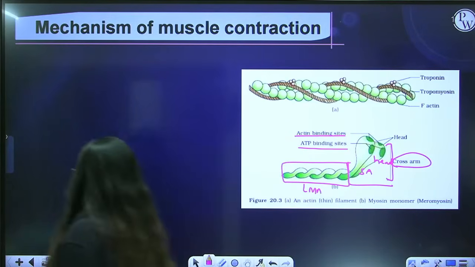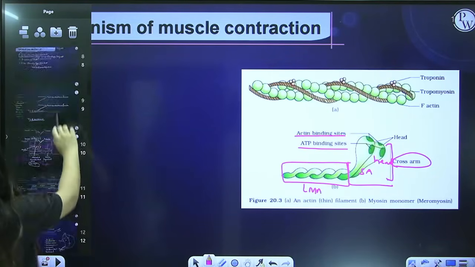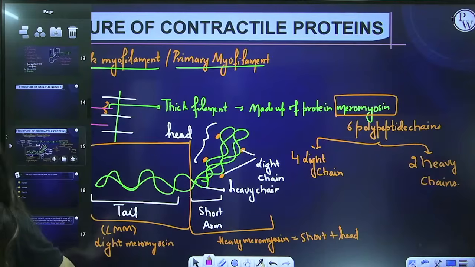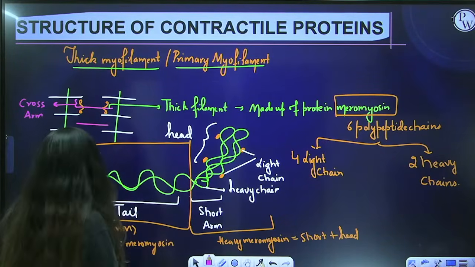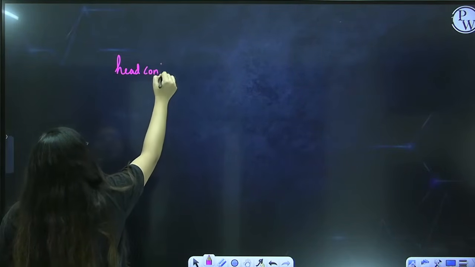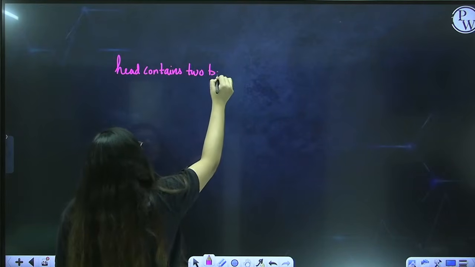Let's move back to this point. So this head contains 2 binding sites. Let me write it here. Head contains 2 binding sites.